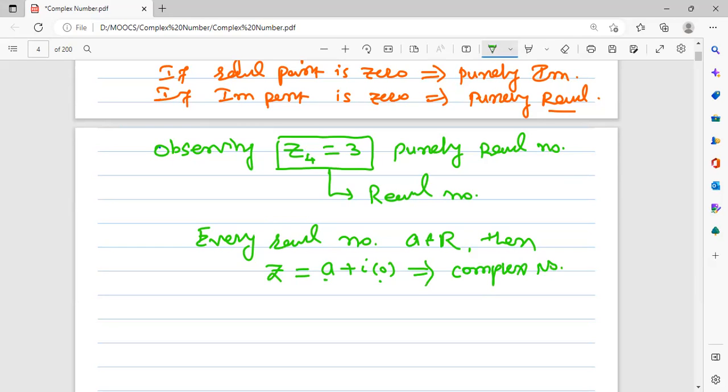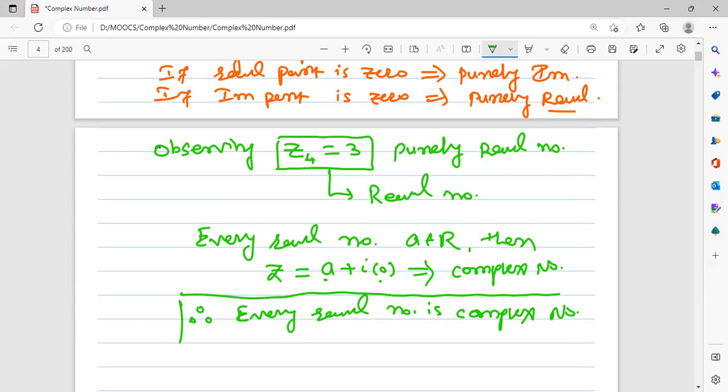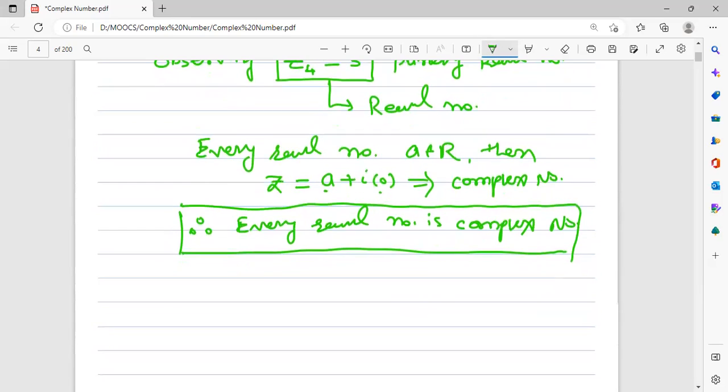Every real number I can write in this form. Therefore, we can conclude that every real number is a complex number, but the important thing is that its imaginary part is always 0.